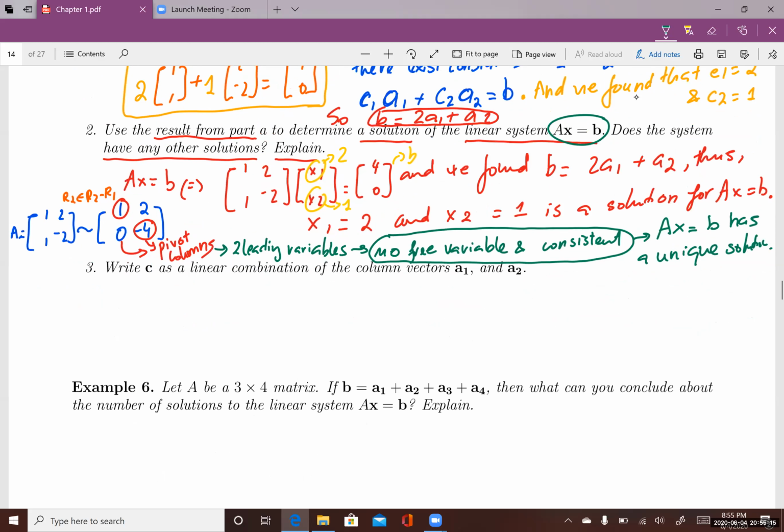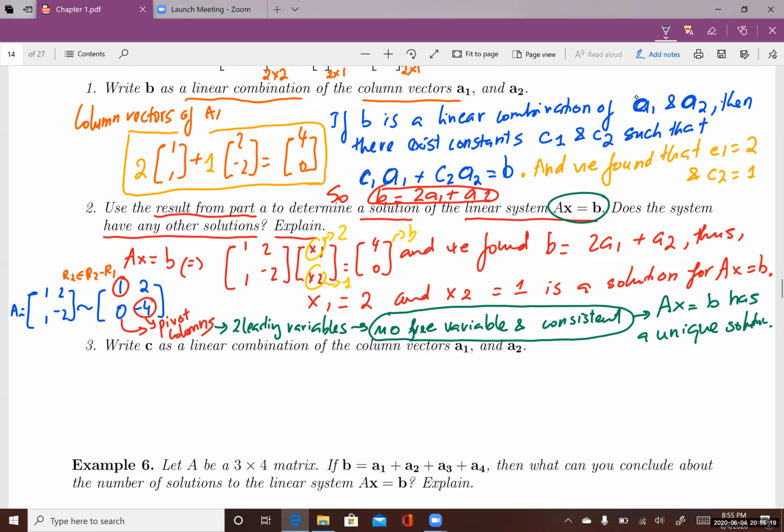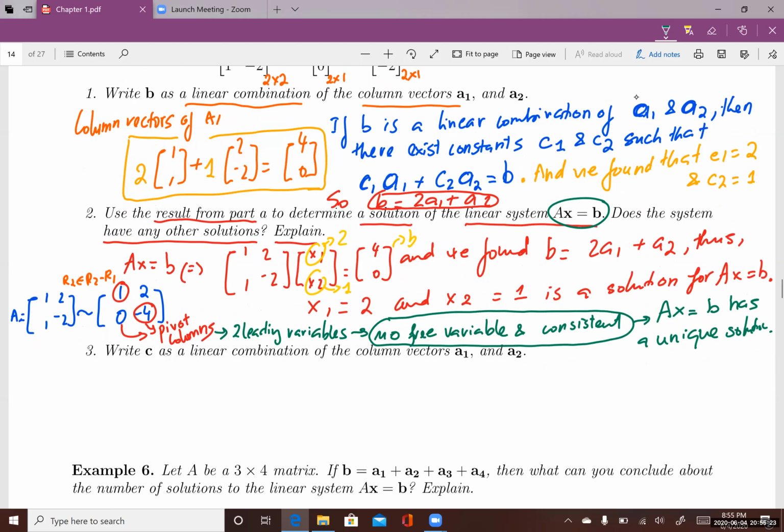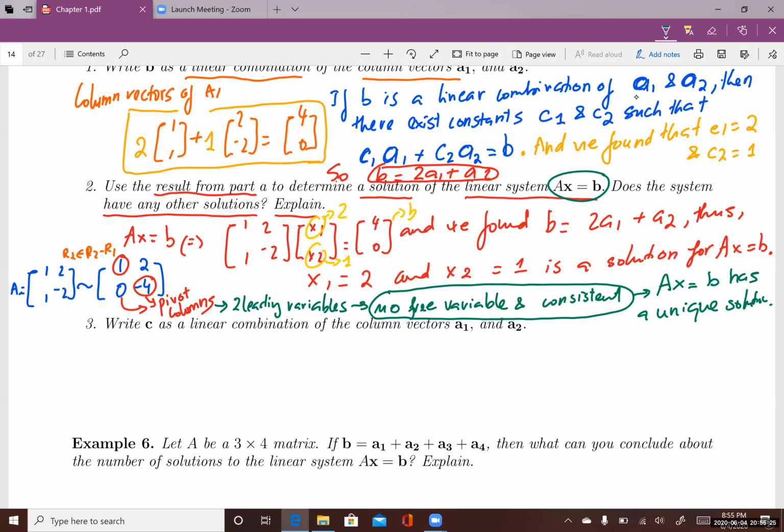All right. Next part, you have a different column vector C, -3, -2, and you want to write C as a linear combination of A1 and A2. So C equals, well, this time I'm not calling it C1, C2, let's say D1 A1 plus D2 A2.